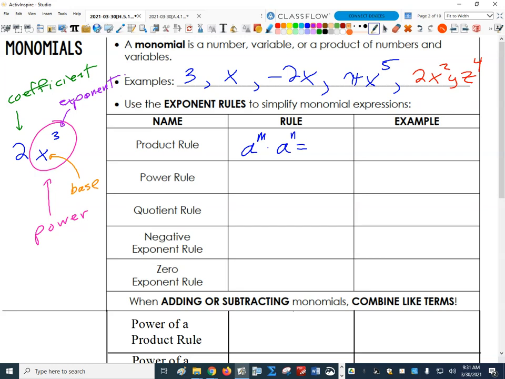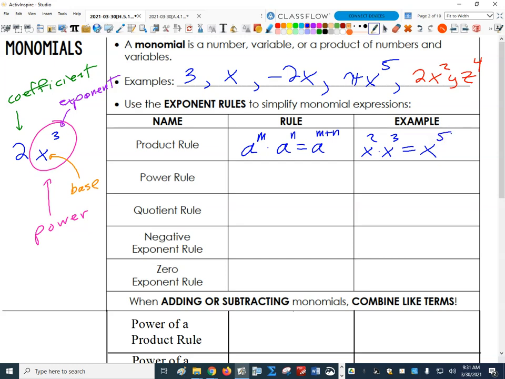The product rule says that if we're taking a product of powers with like bases, we simply add the exponents, and you guys knew that. For example, x squared times x cubed is x to the what? To the fifth.